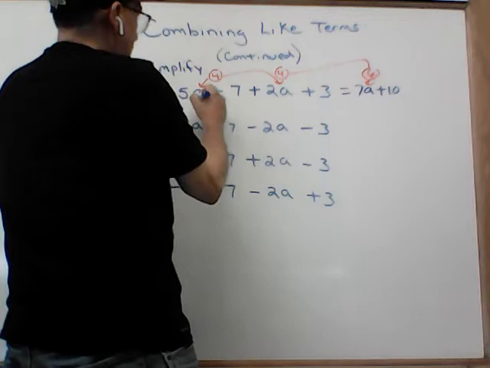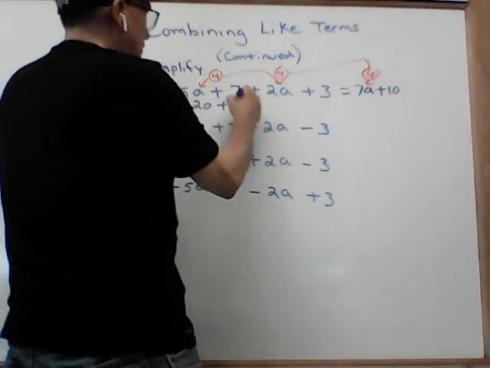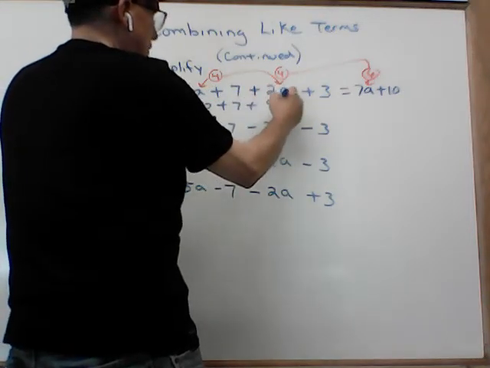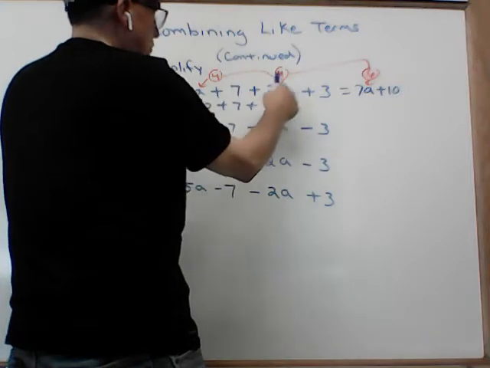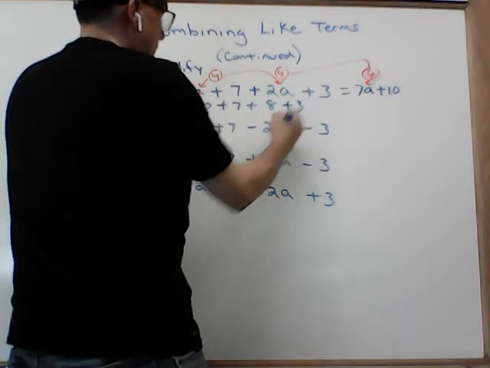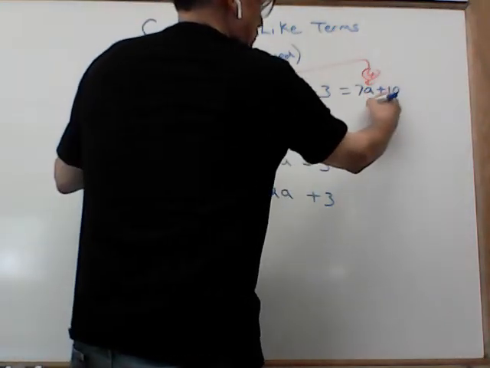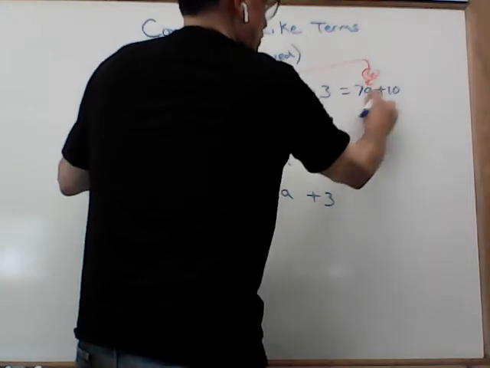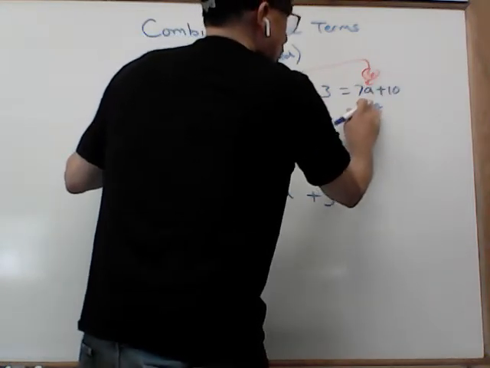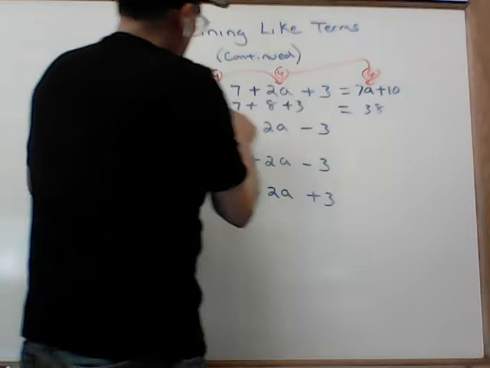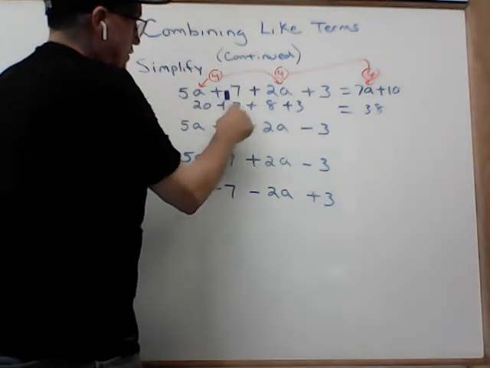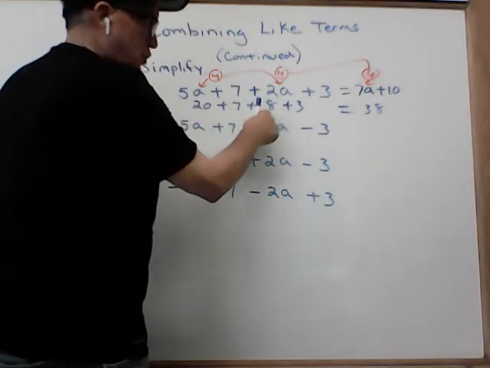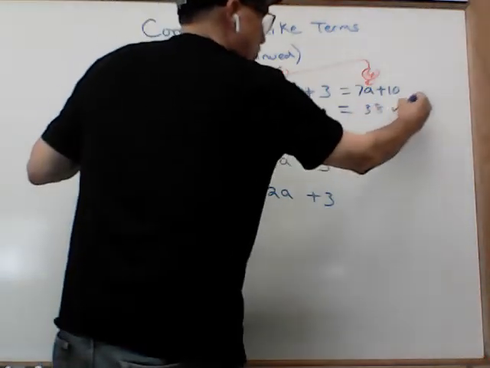Well, here we get, of course, 20 plus 7 plus 8. 5 times 4 is 20, 2 times 4 is 8, plus 3. And here, like before, we got 38. 7 times 4 plus 10, 38. So let's add. 20 plus 7 is 27, plus 8 is 35, plus 3 is 38. That's a true statement.